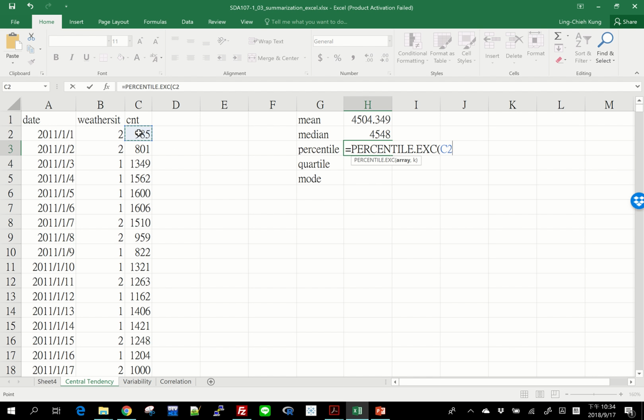I'm going to select an array, and to make our life easier, let's just select 10 numbers, 1, 2, 3, 4, 5, 6, 7, 8, 9, 10. If I say I want to get the 10th percentile, then ideally I should get some value within these 10 numbers, right? Well, here it immediately says there is something wrong.